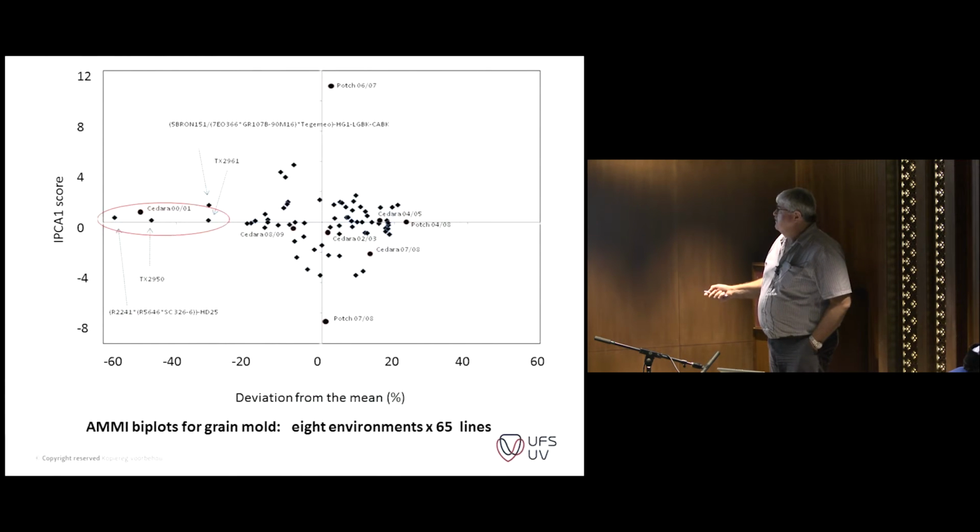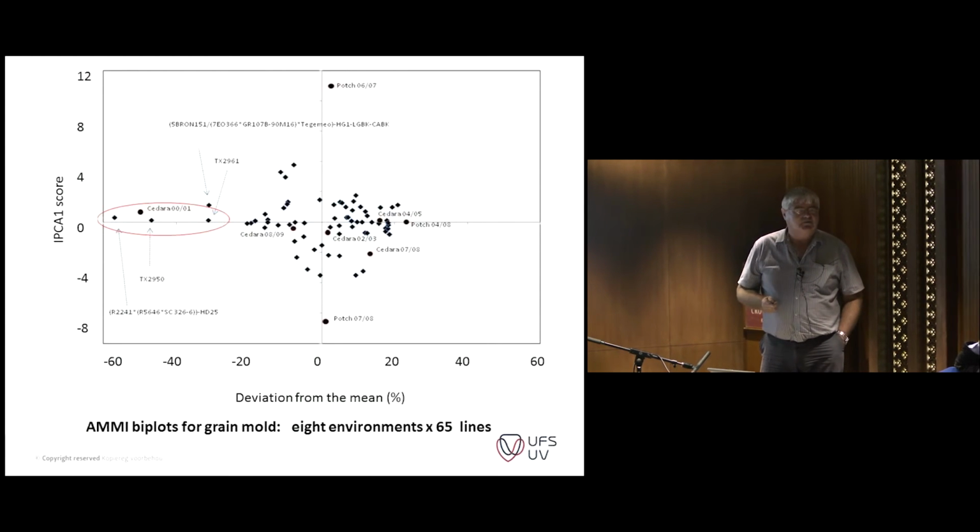The IPCA scores show deviation from the mean. In other words, that side would be less disease, that side would be more disease relative to the mean. There you have an IPCA score, which can be positive or negative, and depending on the deviation from the zero line, it's an indication of how stable the genotype is over environments.